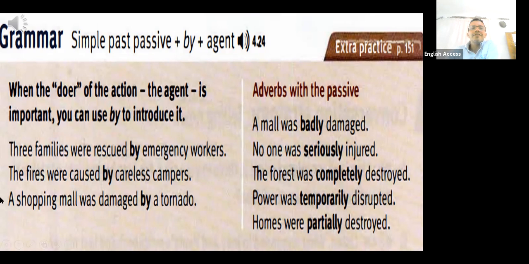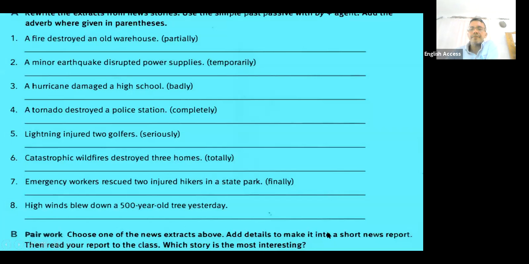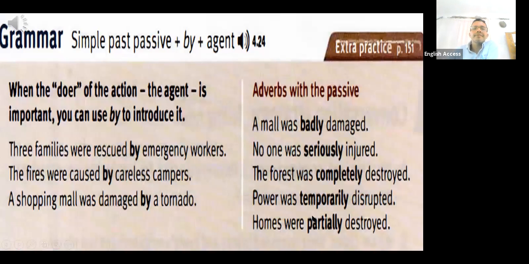All right, we are seeing here on your right side some adverbs with the passive. These adverbs are badly, seriously, completely, temporarily, partially. Yes, one more time. Badly, seriously, completely, temporarily, and partially. Right?